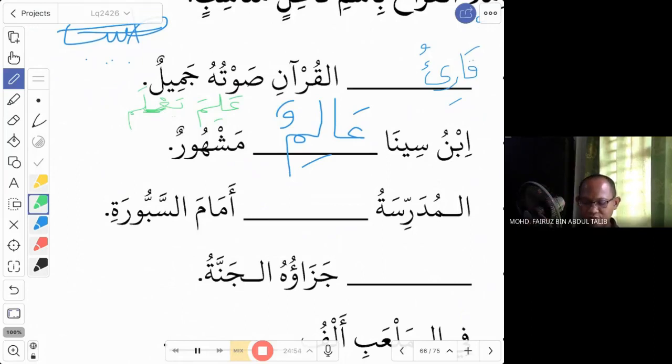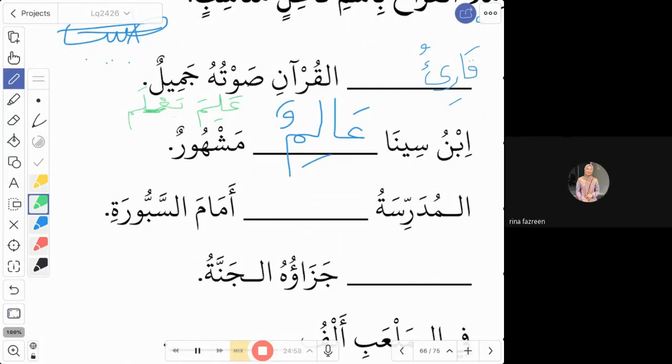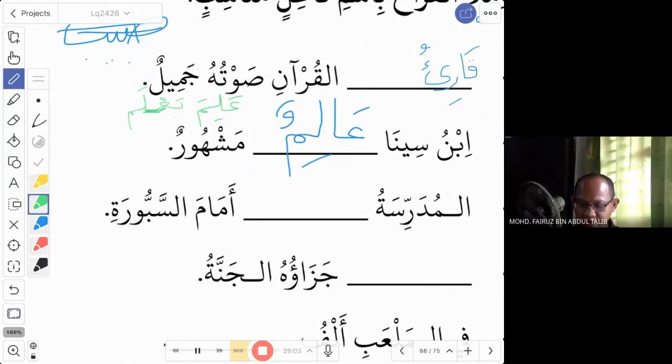But now let us choose another different word. Standing. Yes, she is standing in front. Yadrusu is study. Okay, we try one by one. Let us take the word standing. How do you say stand? She stands in front of the sabura. What is the fi'il?